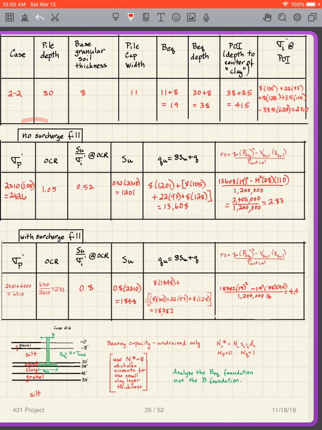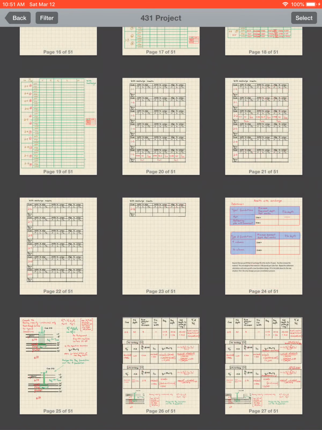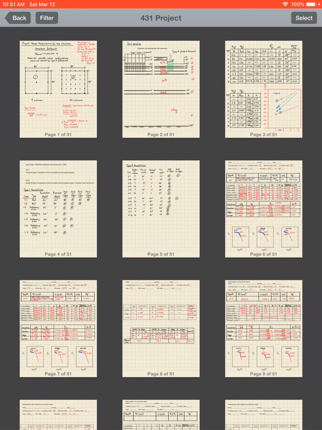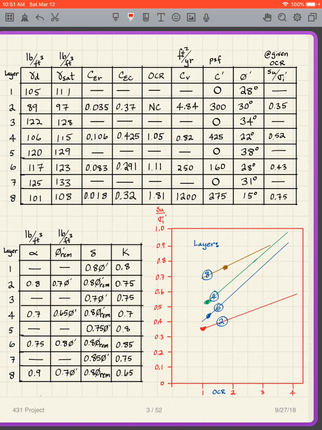Okay, so we're going to look at the case where we have no surcharge, and then the case with the surcharge. We're looking at both of them. We want to come up with the sigma prime P. Well, with no surcharge, the OCR is given to us in the soil properties. So we're looking at the soil properties here, at layer 4, and we look at the OCR.